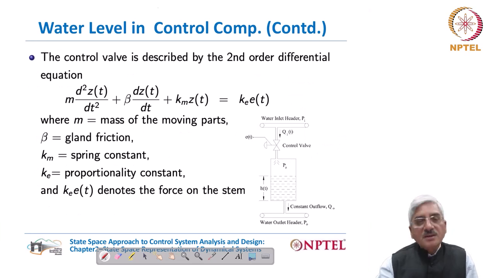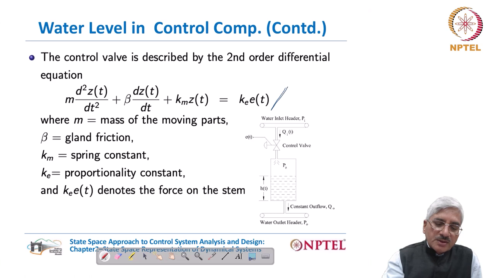We had considered a control valve earlier, and it was like a mass spring dashpot system. Its moving parts were like that, and the force on the diaphragm was essentially resulting in the force on the stem, trying to position the valve. So the equation that describes the control valve is a second order equation given here.